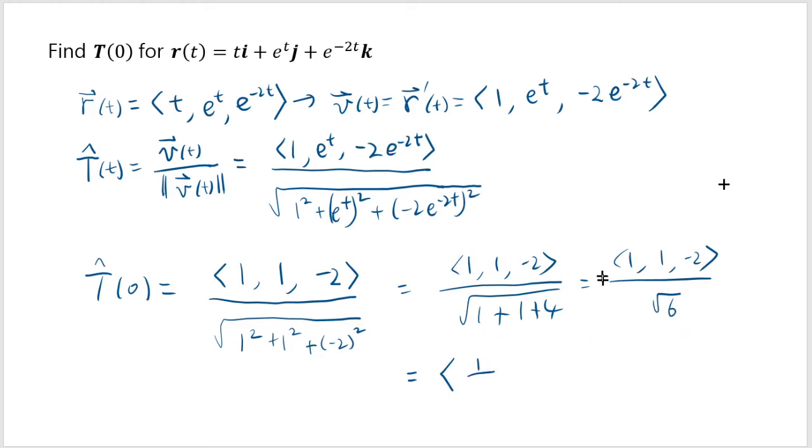See, this is a scalar multiple by 1 over radical 6, and a scalar multiple of a vector applies to each individual component, so the answer is ⟨1/√6, 1/√6, -2/√6⟩. And on WeBWorK, you may have to calculate these and plug in something like 6 decimal places or something, and it should accept that.